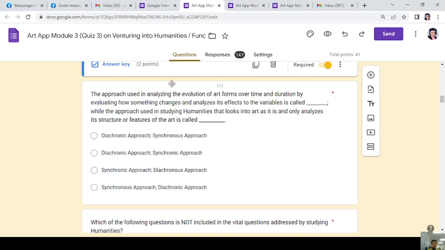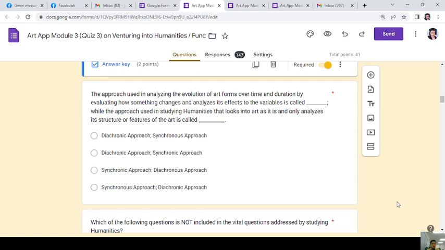Now, the approach used in analyzing the evolution of art forms over time and duration, by evaluating how something changes and analyzing its effects on the variables, is called blank, while the approach used in studying humanities that looks into art as it is and only analyzes its structures or features is called blank. Okay, the first is we are trying to analyze the evolution of art. The second is analyzing the structure or feature of art.